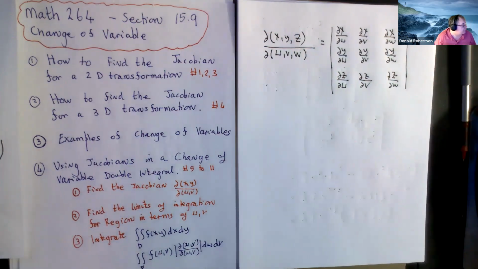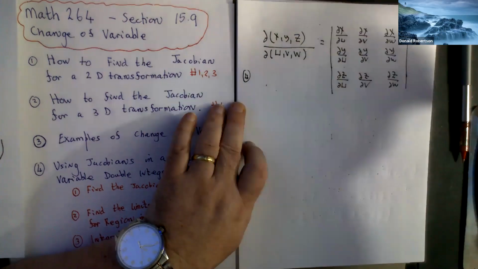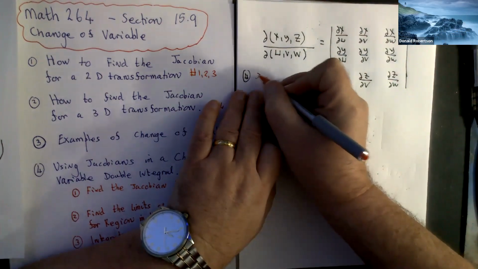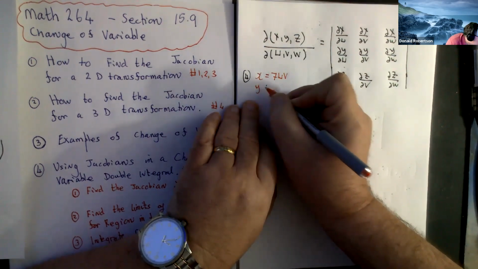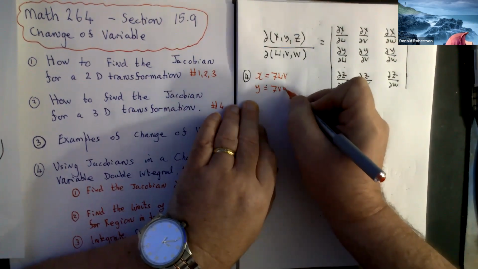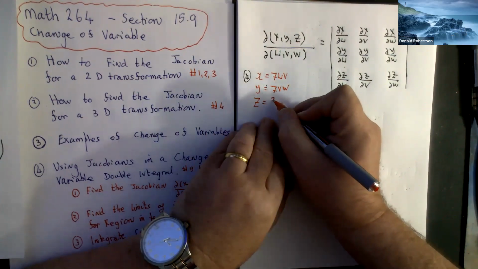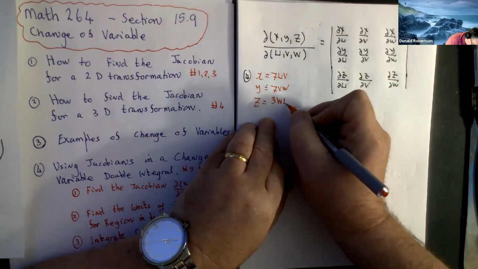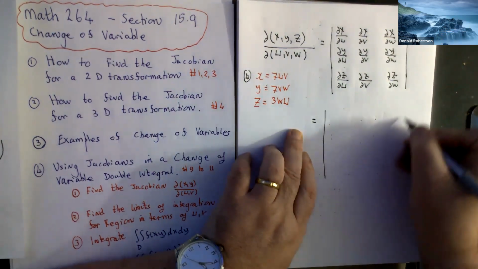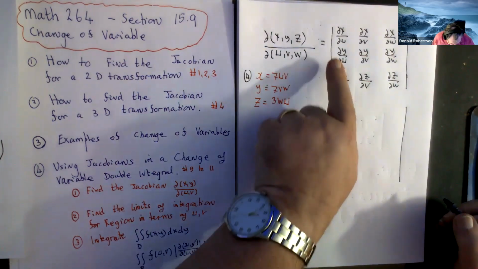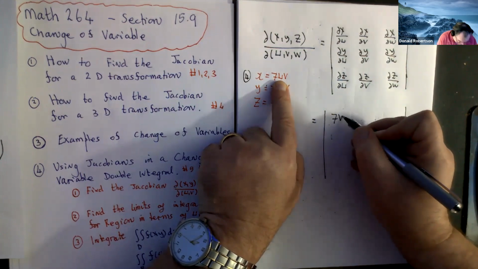Now I need a question to go like this, so I'll do a version of question 4, where x is 7uv, y is 7vw, and z is, well, just because they want it to be, 3w. Differentiate this guy with respect to u, you get 7v.